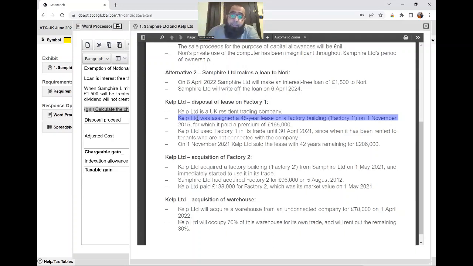We need to adjust it. Normally, in normal rights, if you remember CGT, I have taught you this, we just adjusted by dividing by 48 years and multiplying by 42 years. But in leases, we use lease percentages. Lease percentages will be given in the paper. You don't need to worry.